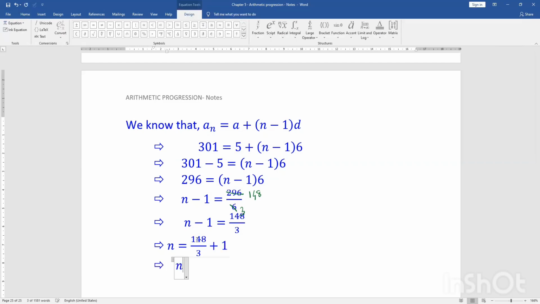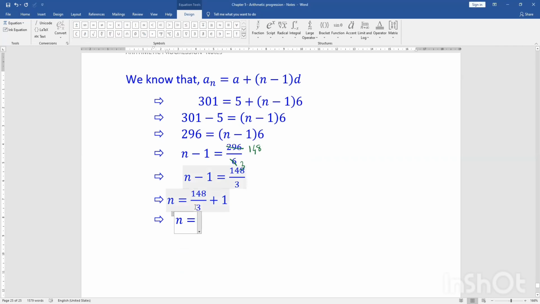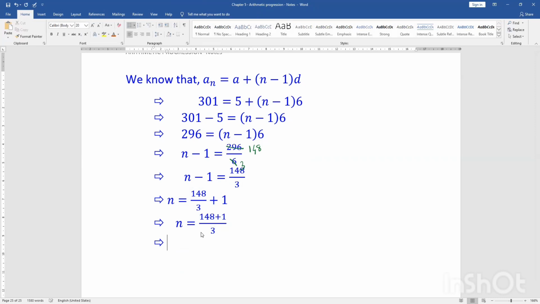Or N equals 148 by 3 plus 1, which means we need to do the cross multiplication and addition. So in the denominator we get 3, in the numerator we get 148 plus 1. Or how much do I get?